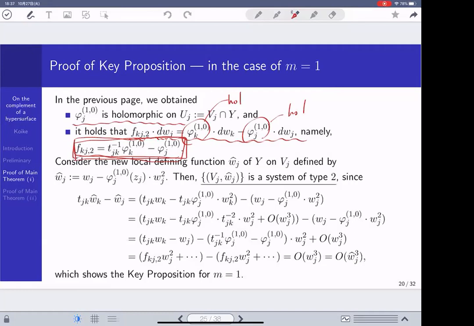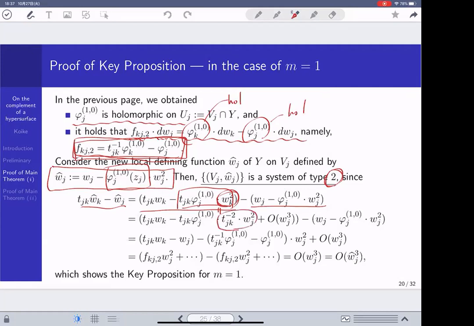Consider a new local defining function w hat of Y on each Vj defined by this equation. Actually, this is a holomorphic defining function because this coefficient is holomorphic by the lemma. Then this one is a system of type 2, since the difference is like this by definition. I mean, wk square is equal to tkj part by minus 2 times wj square modulo wj cube.